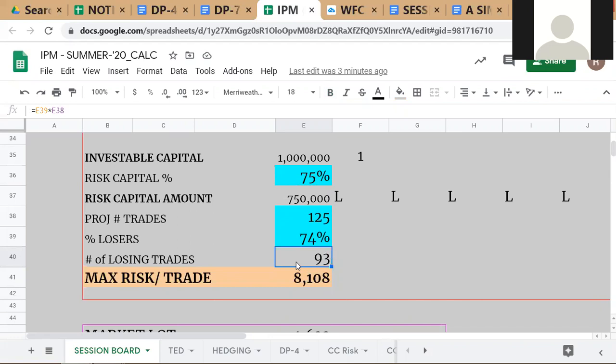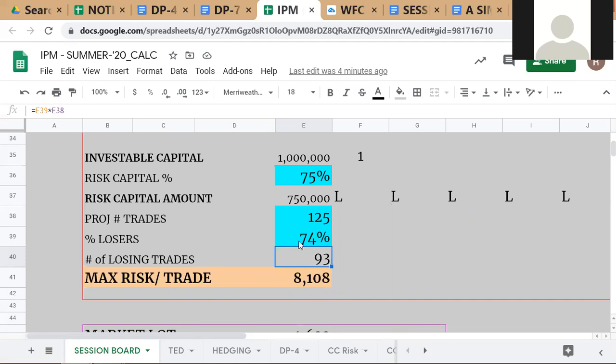We assume that all 93 losing trades will happen right at the beginning. Okay, so when you do your trades, a total number of trades is 125, out of which losing trades is 93, and we assume that every time you do a trade, the first 93 trades are all losses like this. Okay, all losses lined up like this, one after the other.